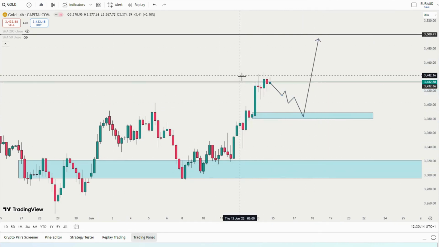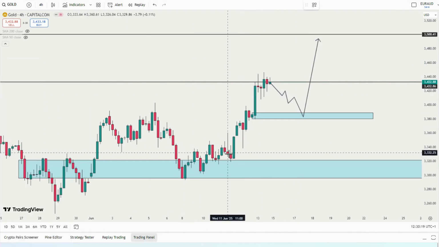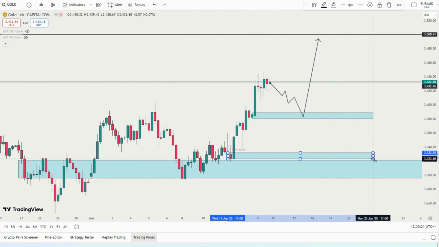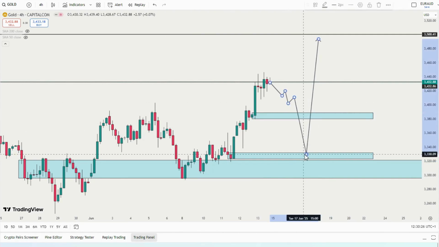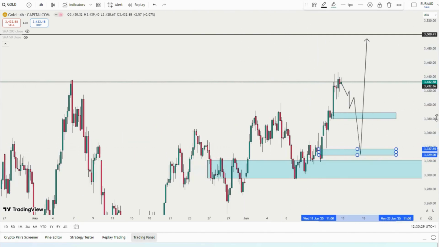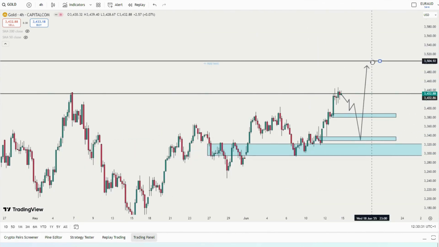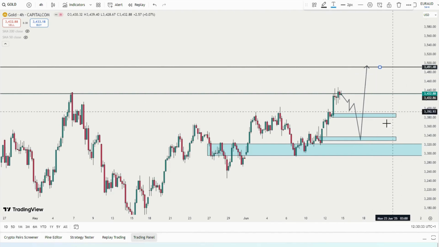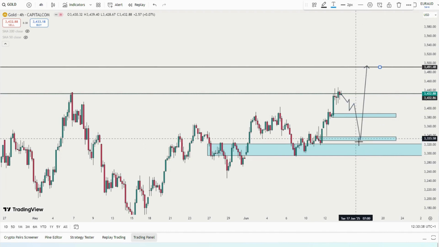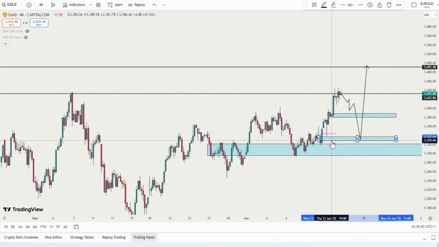And if price did not respect this demand level, there's another one here if there is a break of that particular area, which is still safe for you to use as a buy zone, and then probably take your profits at this level of resistance, 3,491 or 3,432. This is a very good risk to reward at this area, as you can see.